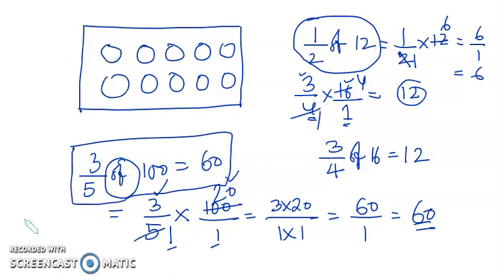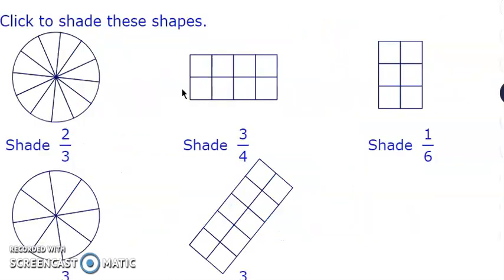This is explained in your book and I have explained in short. For example, let us take a look at this picture that is given, and it says shade 3 by 4. So 3 by 4 of what? 1, 2, 3, 4, 5, 6, 7, 8. 3 by 4 of 8. The total number of boxes is 8. So how many will you shade?